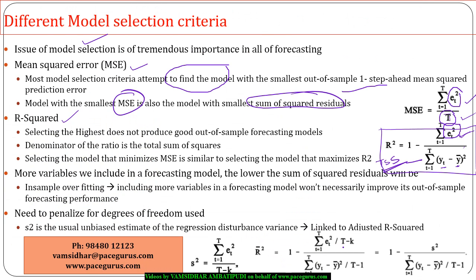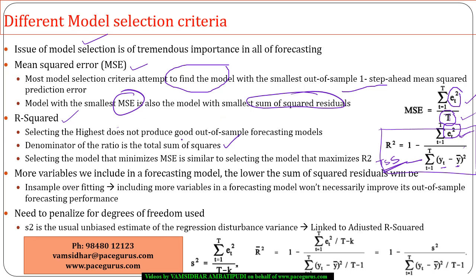So one way of looking at it is, the denominator is the total sum of squares we have computed, which is nothing but each observation, subtract the mean from it, square it and add it. That is what we are calling the total sum of squares. Obvious thing is, if I am looking at it on a very base note, the one that is having the highest r squared would be a much better model.